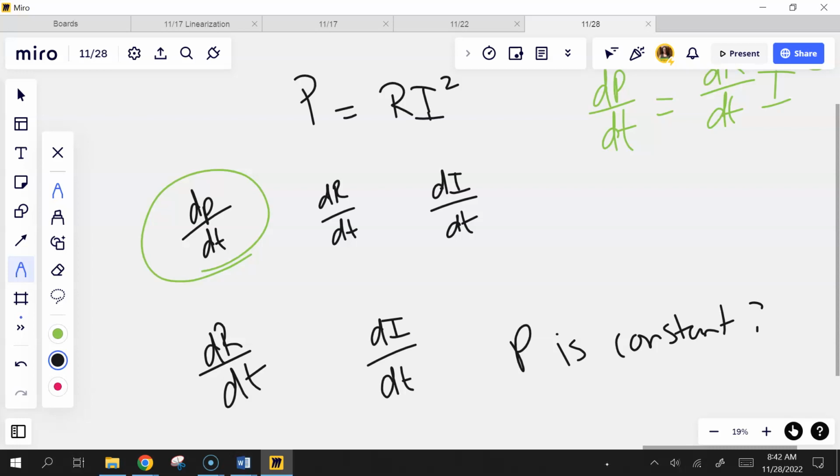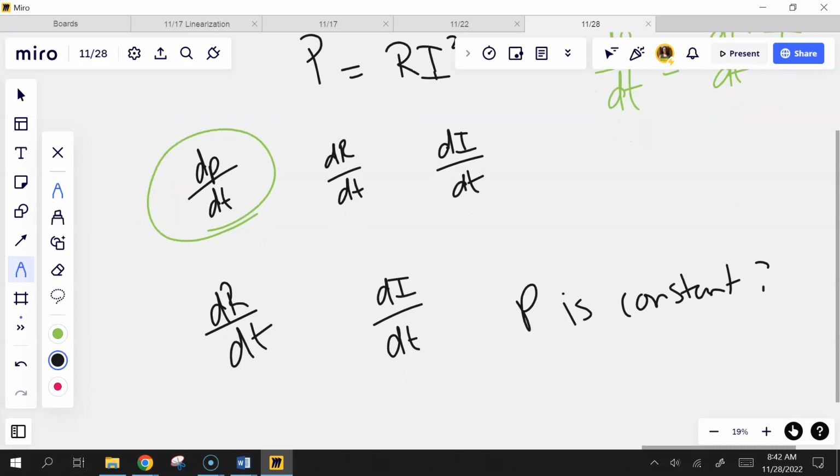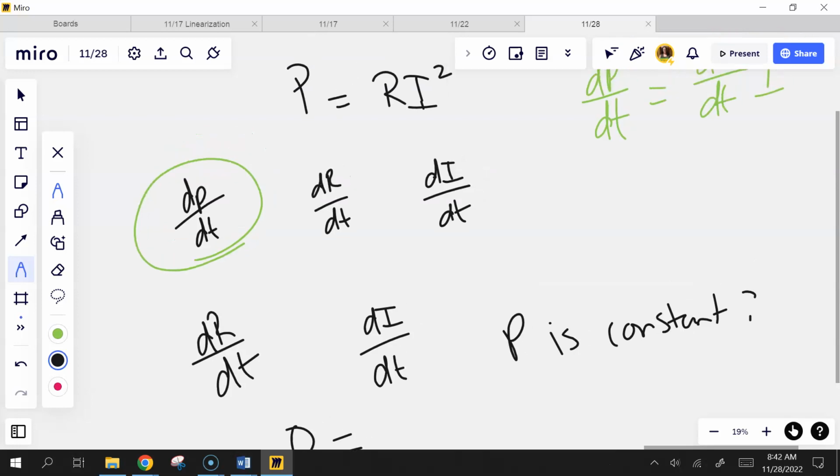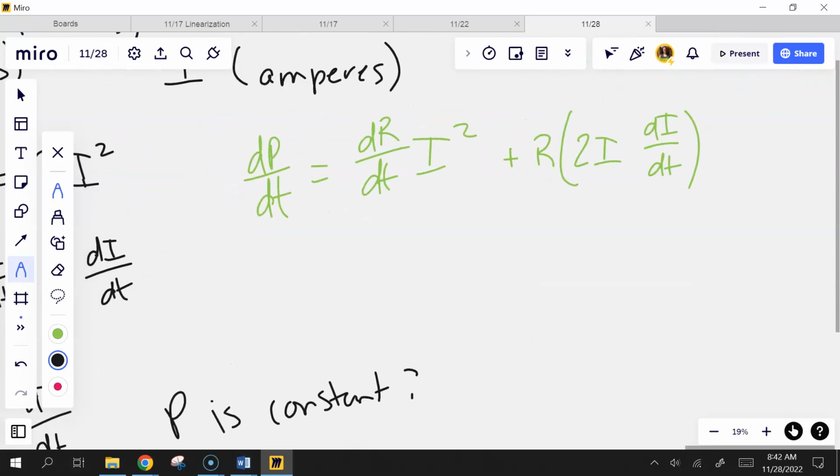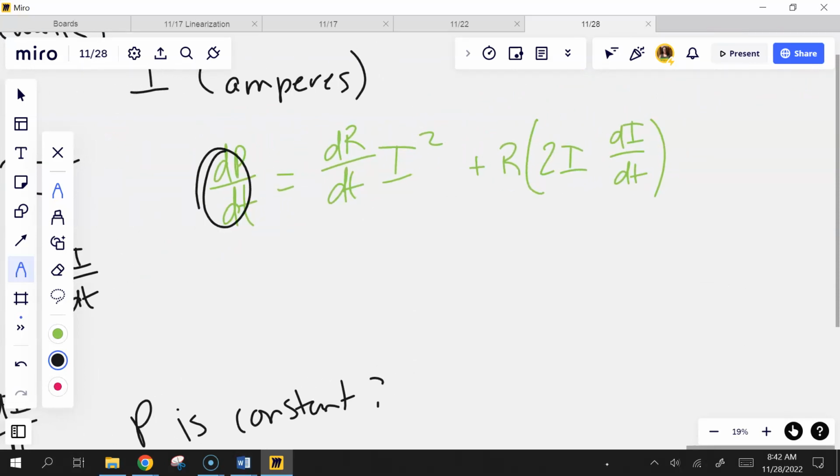What does that mean if P is a constant? The derivative is 0. It doesn't matter what variable I'm taking it with respect to. The derivative is 0. It's a constant, right? So that means 0 equals what? And then we do the same thing. That's exactly right. That means that all of this, let's see.